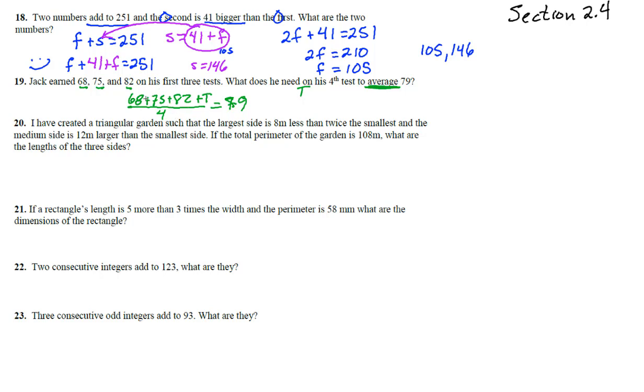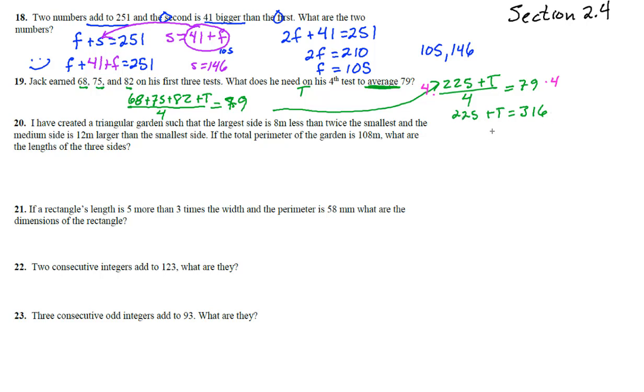Now we can do something with this. If we add up 68 plus 75 plus 82, that's 225. So 225 plus T over 4 has to give us 79. Let's get rid of that fraction by multiplying by 4 on both sides. Now 225 plus T has to equal 316.